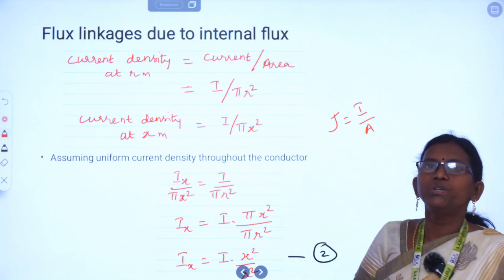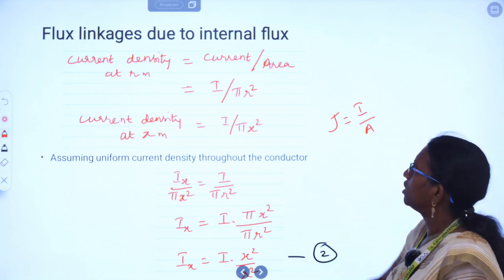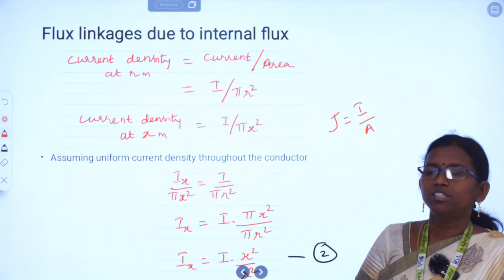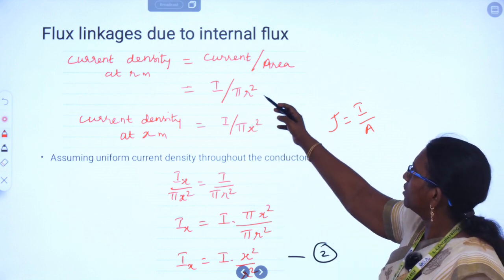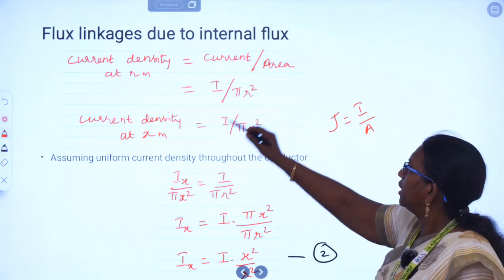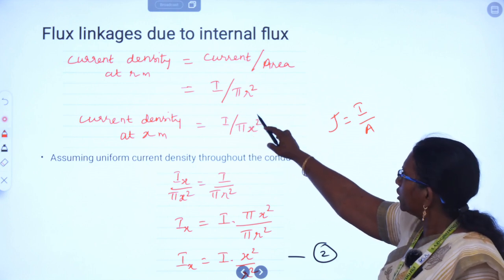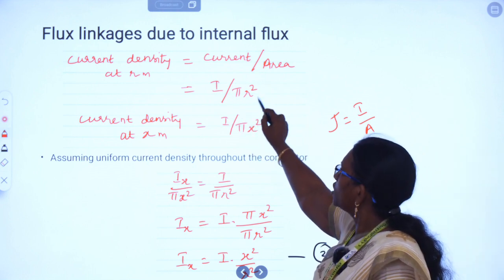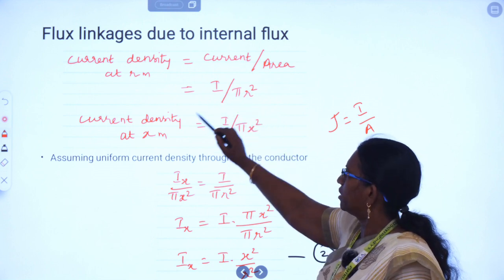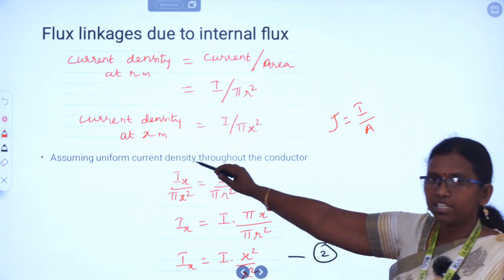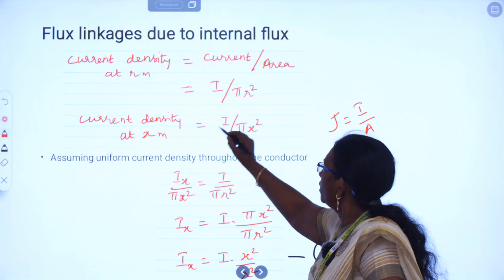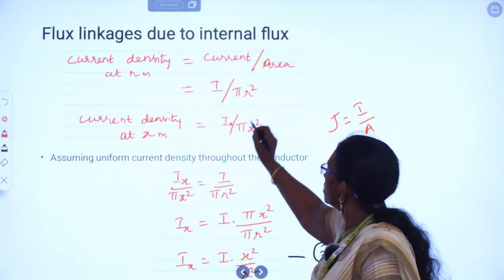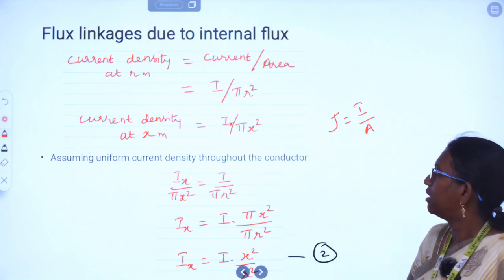So the current per unit area is nothing but the current density. The current density at a distance of r meters is the total current I divided by the area, pi r square, so I by pi r square. Similarly, the current density at x meter is given by Ix divided by pi x square.